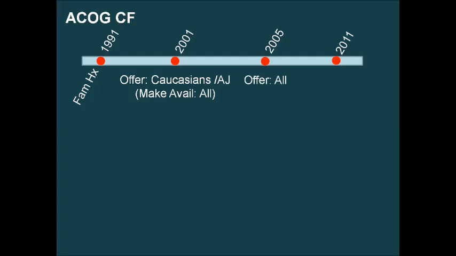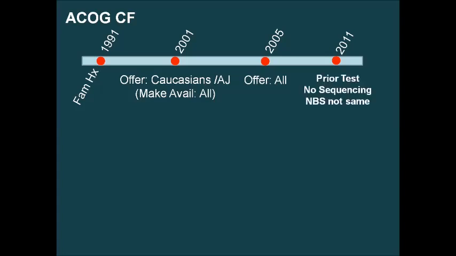In 2005, there was an appreciation that it becomes very difficult to screen patients of specific ethnic groups, and so the concept was that because of so much racial intermarrying or intermixing, cystic fibrosis carrier screening should be offered to all patients considering a pregnancy or in early pregnancy.